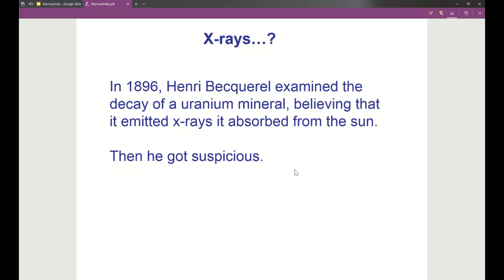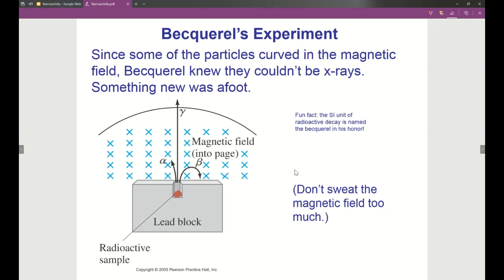So he knew something else had to be up, and to figure it out, like any good scientist, he devised an experiment. He had a radioactive sample that he put right over here, and from there, radioactive decay, whatever it could be, would shoot out and interact with this magnetic field.